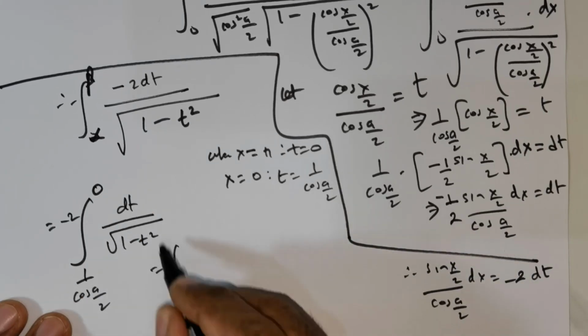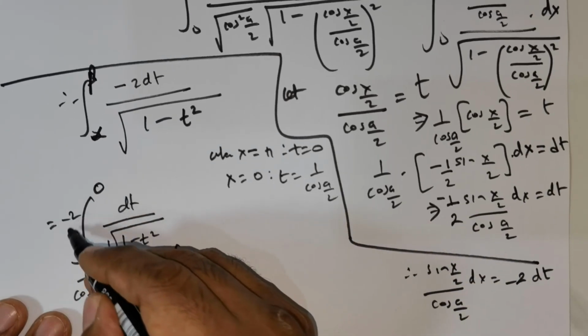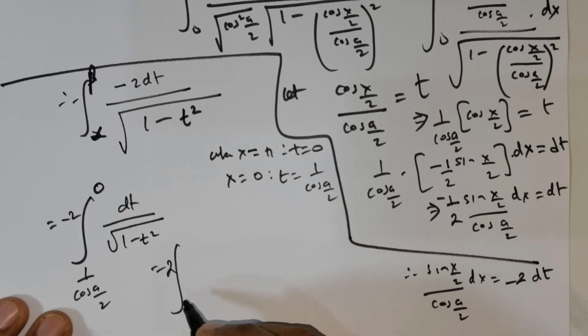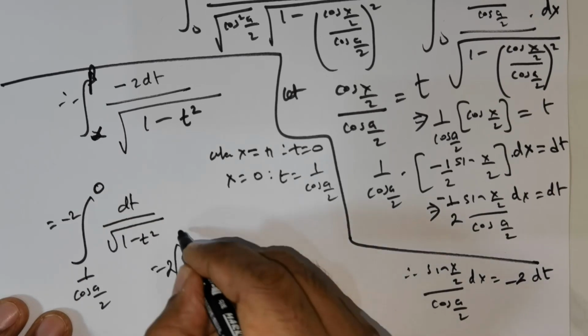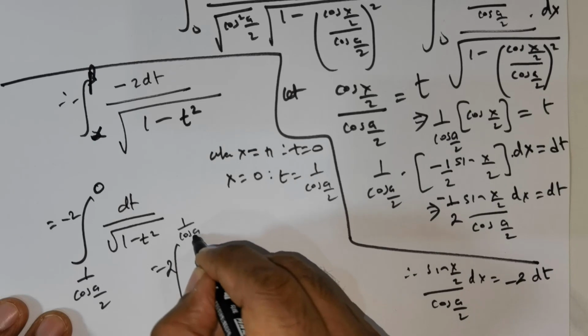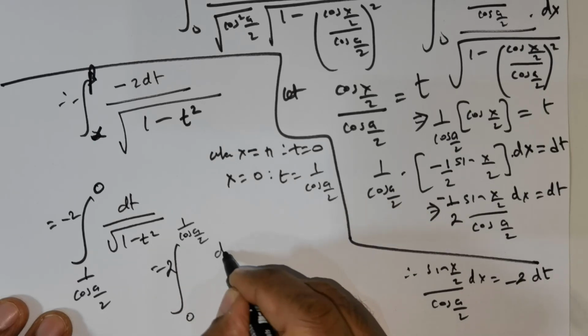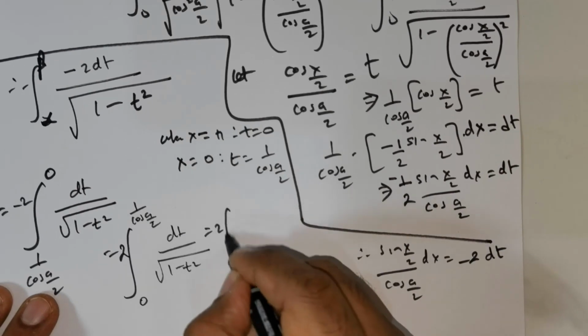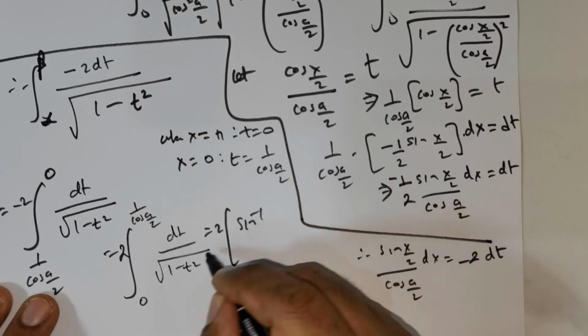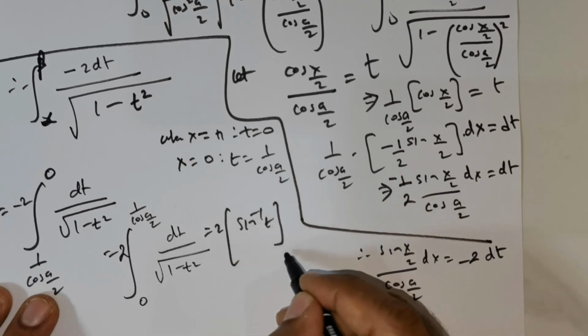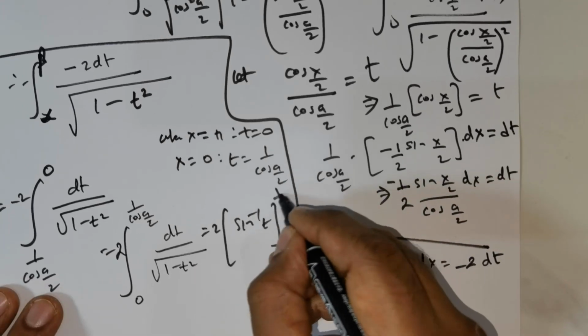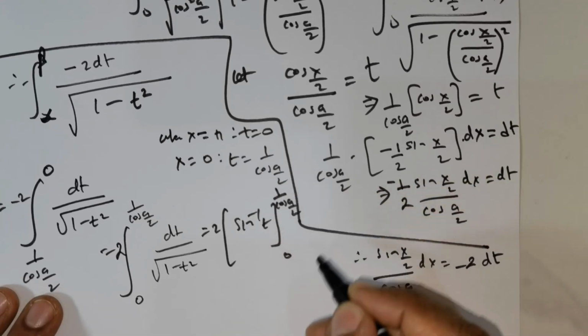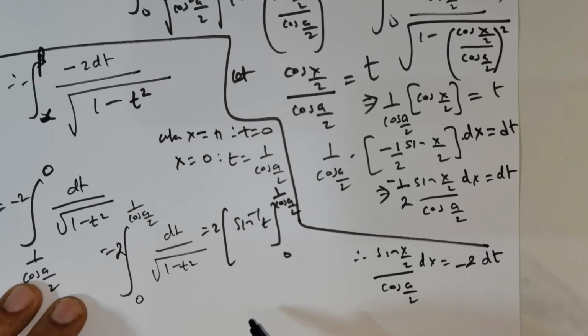Now I can flip the limits and get the negative sign annihilated. So this is going to be 2 times the integral from 0 to 1 over cos a over 2 of dt divided by root of 1 - t squared, which is going to be 2 times sine inverse of t. The limits are 0 to 1 over cos a over 2, right?